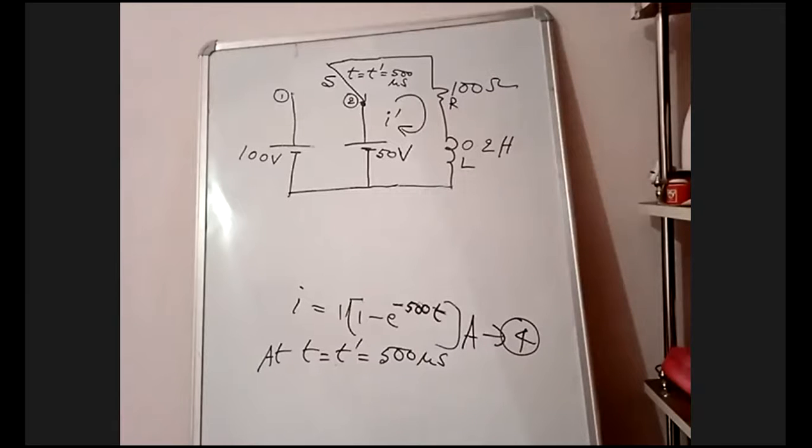Now, when the switch is in position 2, is the initial current 0 or not?